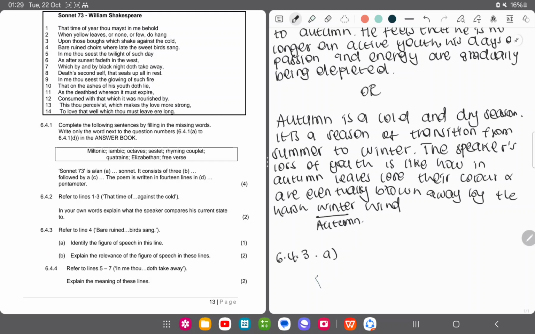A says identify the figure of speech in this line. Reading line 4, it says, "Bare ruined choirs were late, the sweet birds sang." The figure of speech here is alliteration.